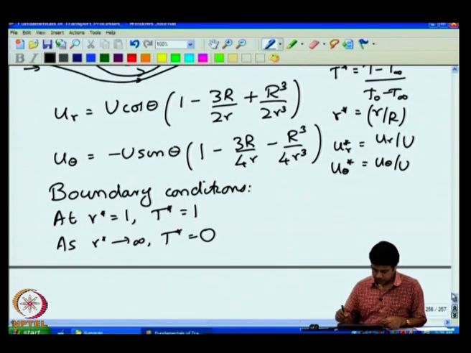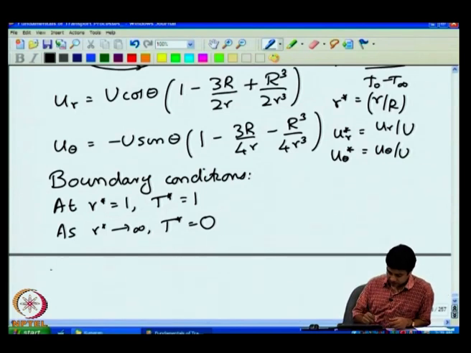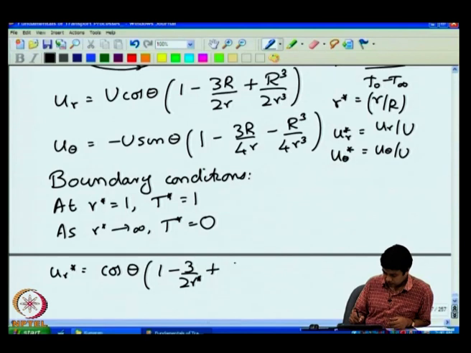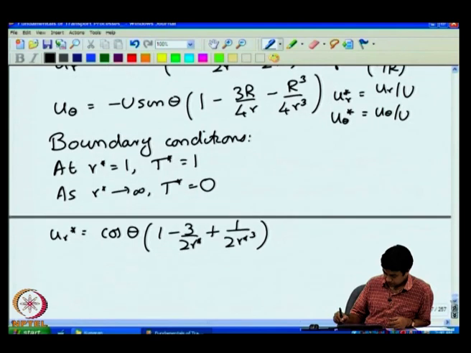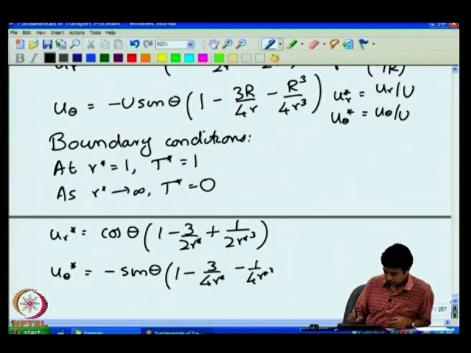And the scaled velocities expressed in this form are u r star is equal to cos theta (1 minus 3 by 2 r star plus 1 by 2 r star cubed), and u theta star is equal to minus sin theta (1 minus 3 by 4 r star minus 1 by 4 r star cubed).